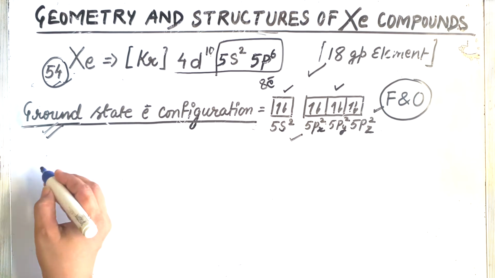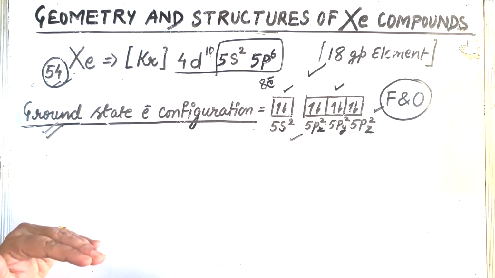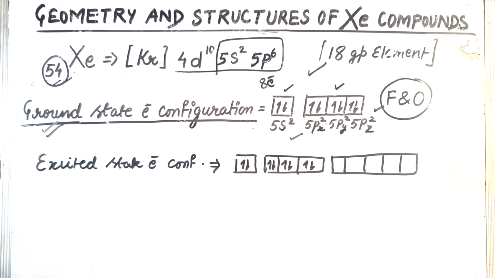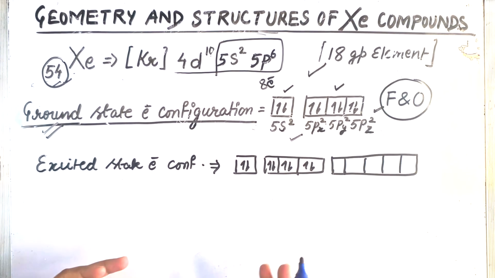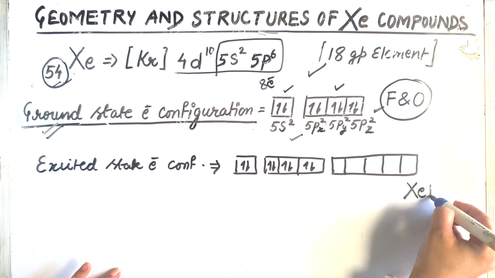Let us understand what happens to the xenon configuration when it gets excited to make the compound. Here we are going to talk about how xenon becomes excited according to the coming species to which it has to bond. For example, I am taking xenon fluoride.